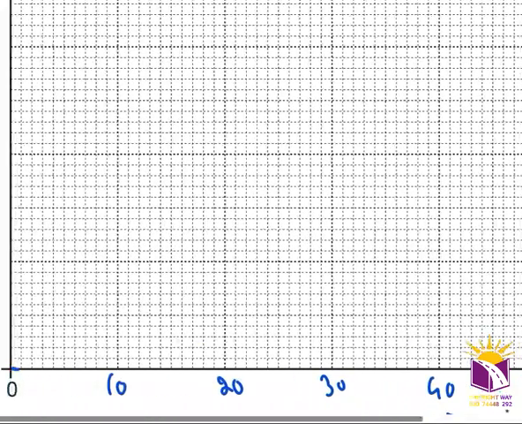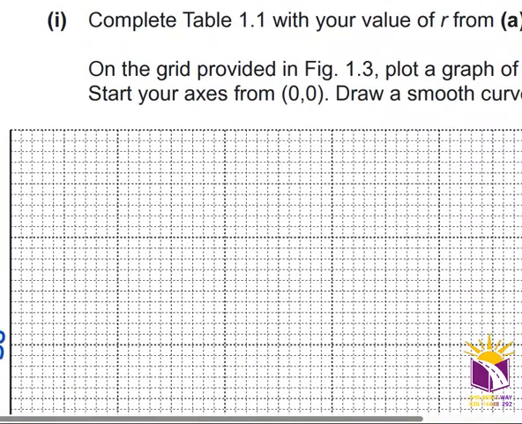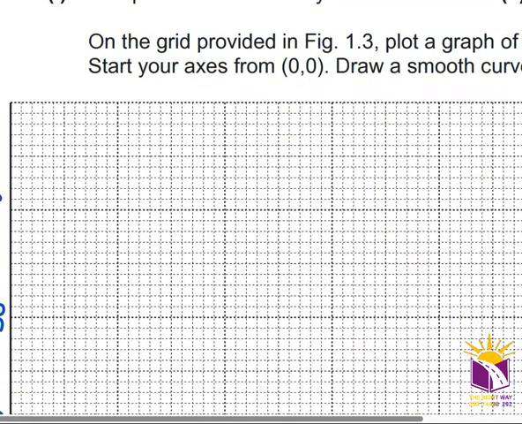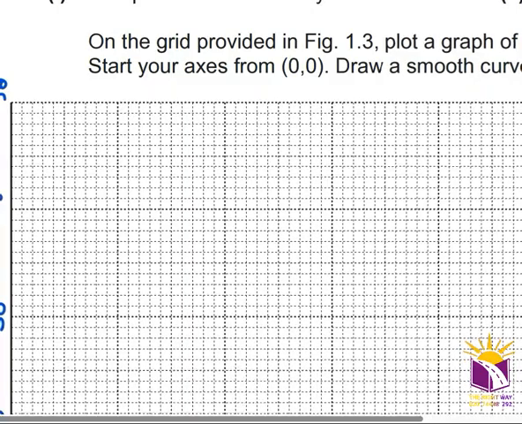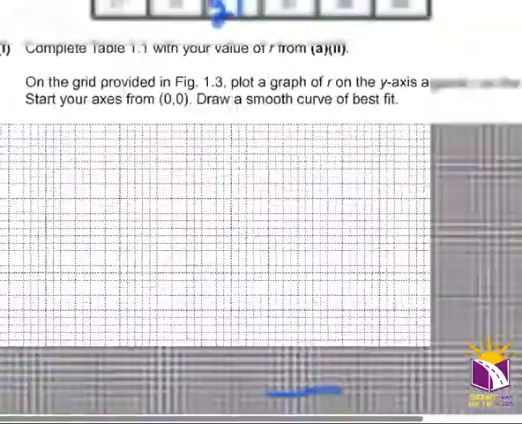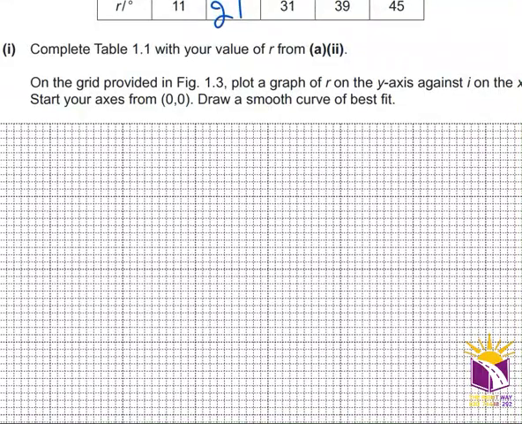For the y-axis it will be 10, 20, 30, 40 and 50. Every single block is given the value of 10 degrees. Now I am going to zoom out a little bit so we can draw our points.